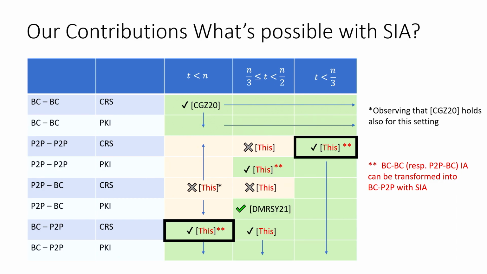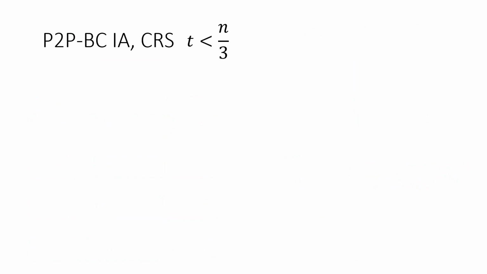Now, for the rest of the talk, I will just focus on one positive result, namely the one where there is peer-to-peer in the first round and broadcast in the second round. I am using as setup only a CRS, and I am relying on the fact that there is a super honest majority of users.